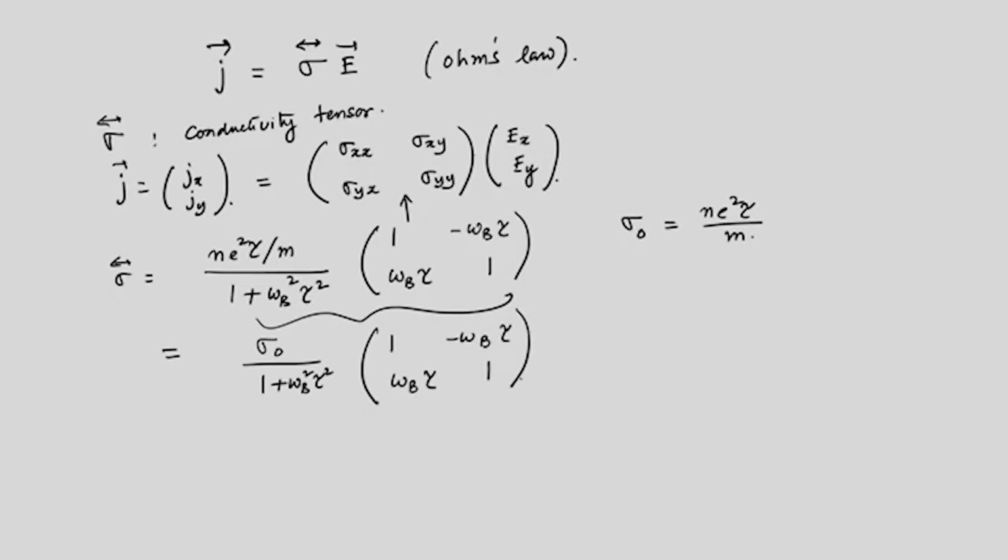Now, if you have a very clean system, we are making further assumptions which will lead to some very interesting results. These assumptions are needed. So consider a clean system.